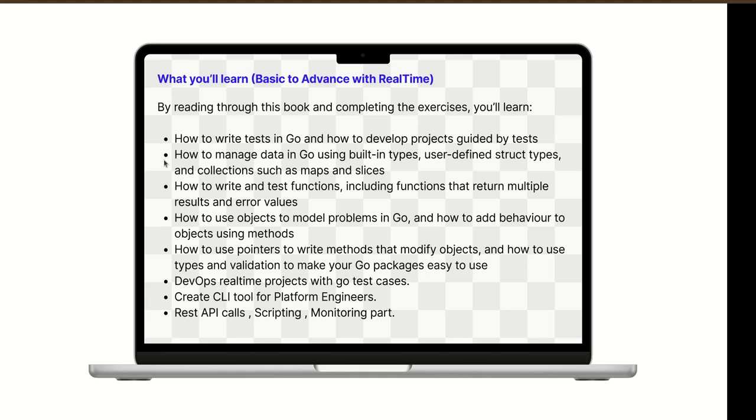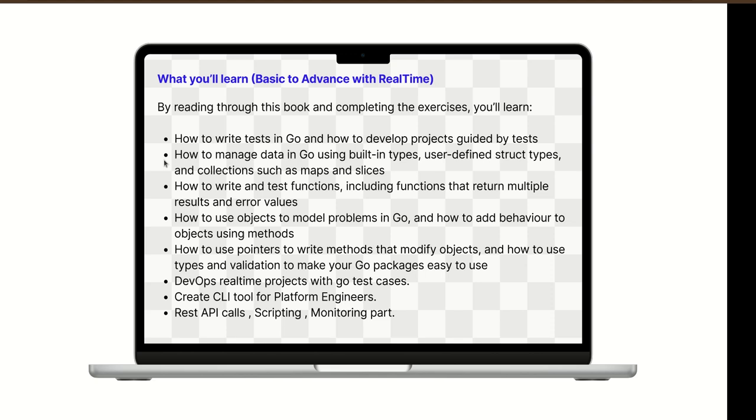We will learn how to write object models for programs in Go, and how to add behaviors to objects using methods. Next we will learn how to use pointers to write methods that modify objects, and how to use types and validation to make your Go package easy to use.